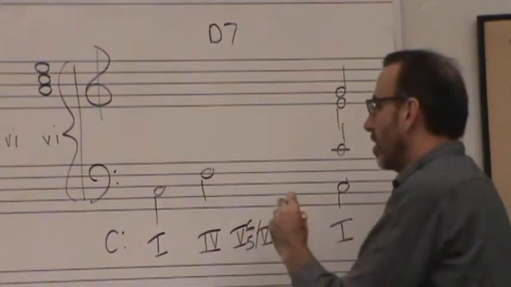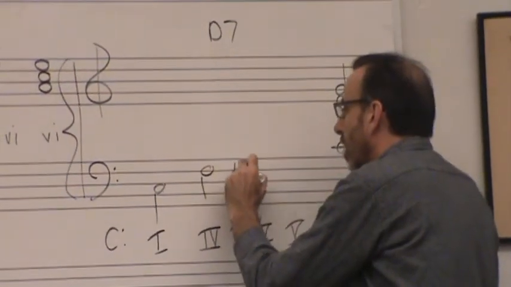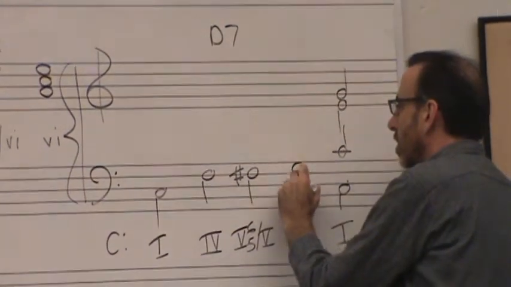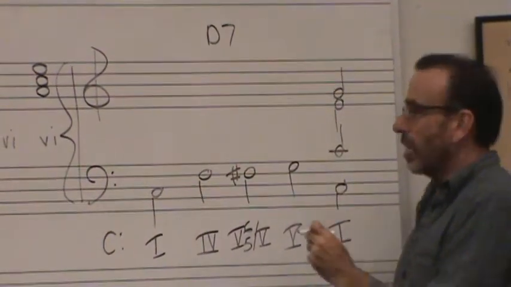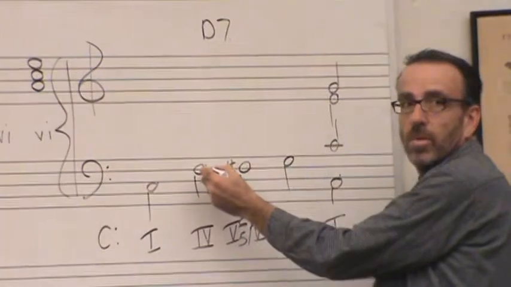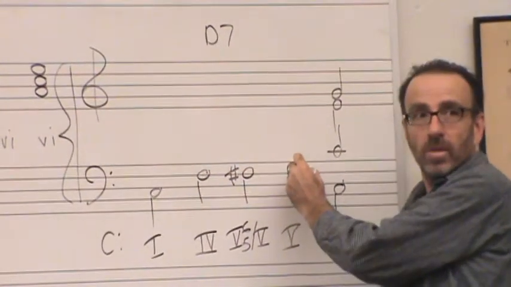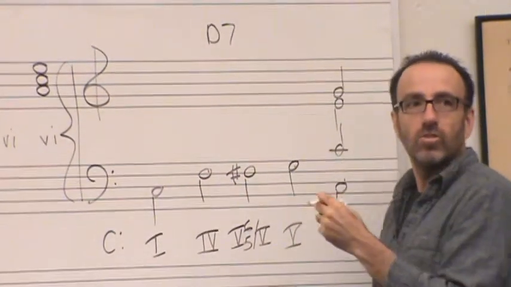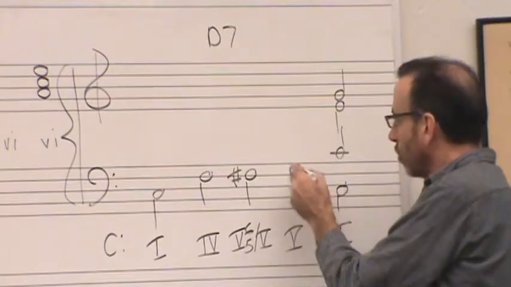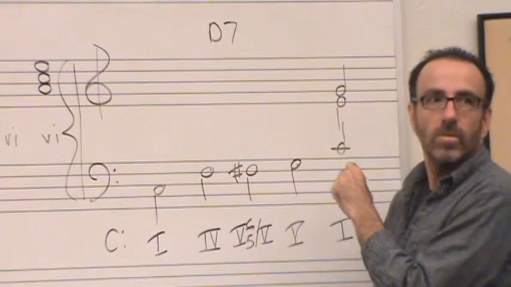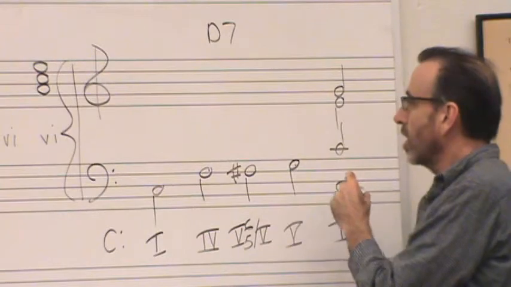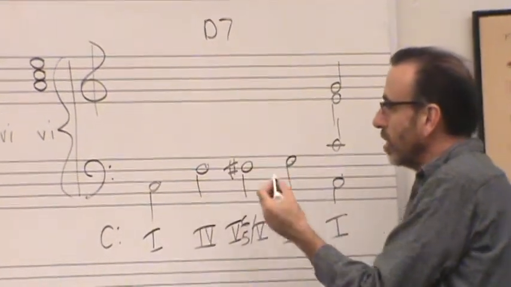That would be F. Then if I did F sharp and then G. So that gives me this bass line that goes up to the subdominant, then chromatically moves up to the dominant, and it provides a really strong pull towards that dominant that eventually resolves to the tonic. And it provides more interest in the melodic line.